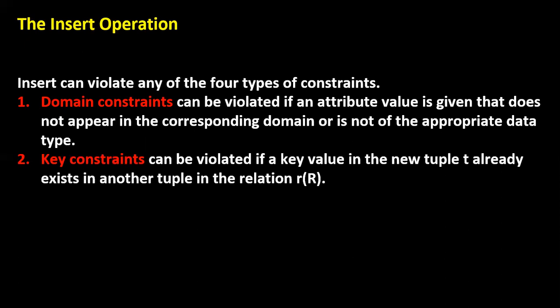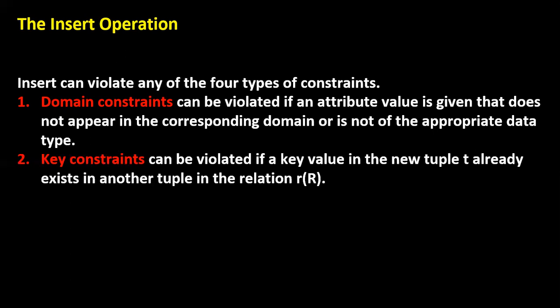Then the second type of violation is key constraint. Whenever you are inserting a new tuple to the relation, as we know, every relation will have at least one key attribute. If I try to enter another tuple with the same key value, where the value of the primary key is the same, it leads to key constraint violation.